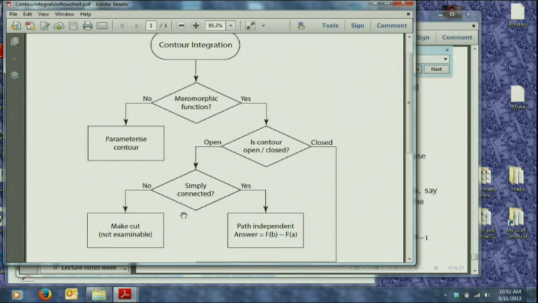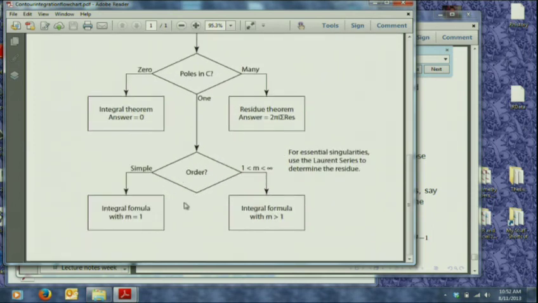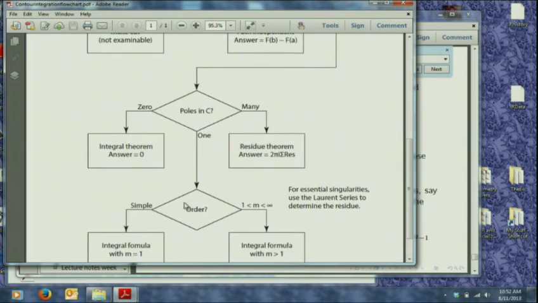And if it is, then it doesn't matter which path you pick, it'll always be the same. Whereas if it's a closed path, then you can do the fabulous thing with the residues, and you'll always get the same answer there too. So that's the flow chart. You need to fill in the details on that flow chart to help you figure out what to do at any of those points.